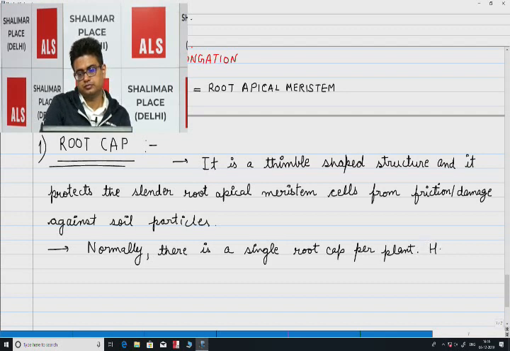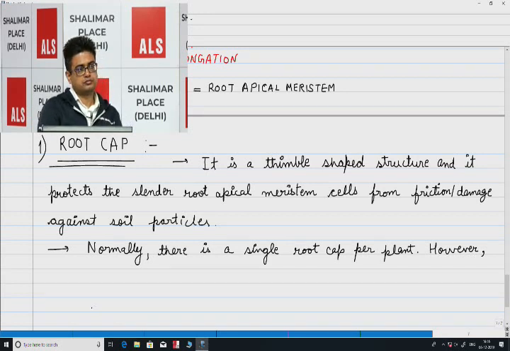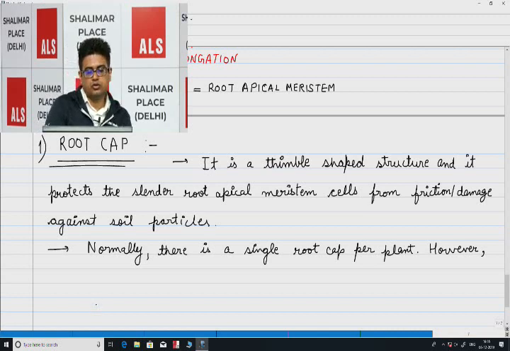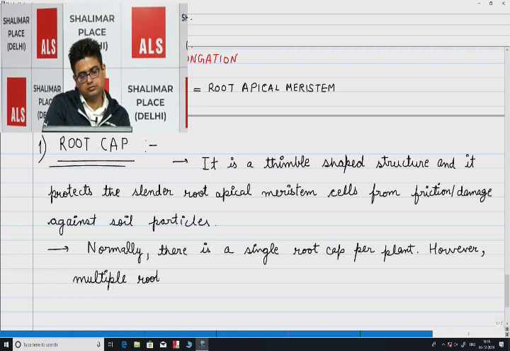However, multiple root caps are found in pandanus.